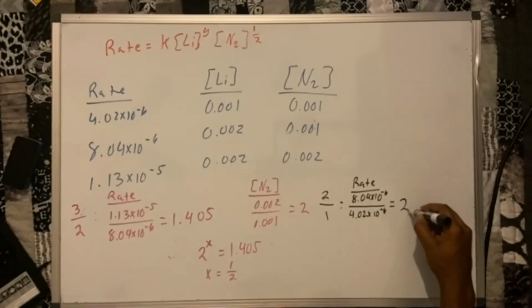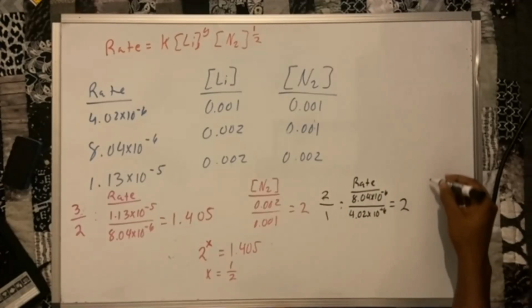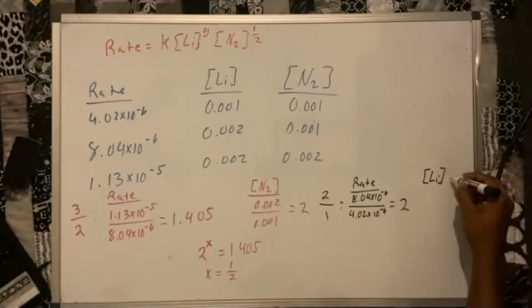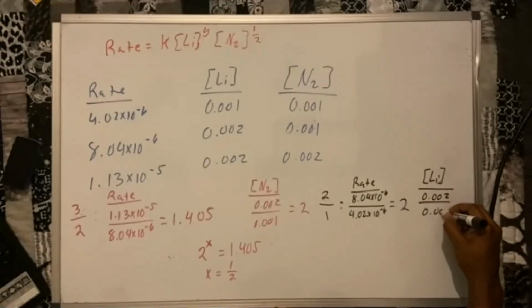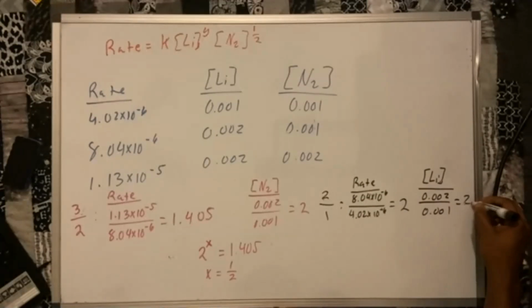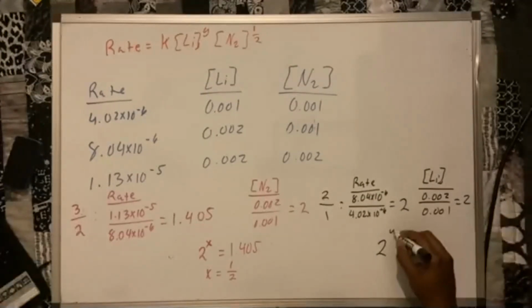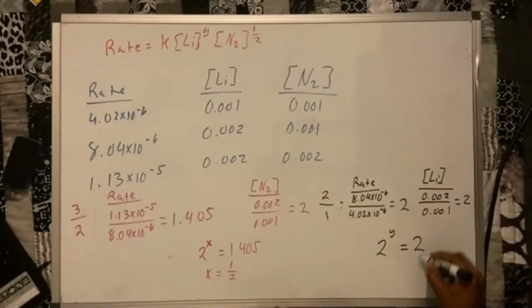That's 2, I think. Someone let me know if that's not 2. For lithium, I got 0.002 over 0.001. So that's also 2. Again, 2 to the y equals 2. So my y is 1.